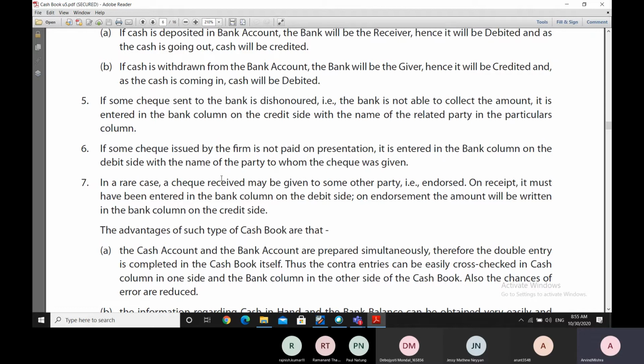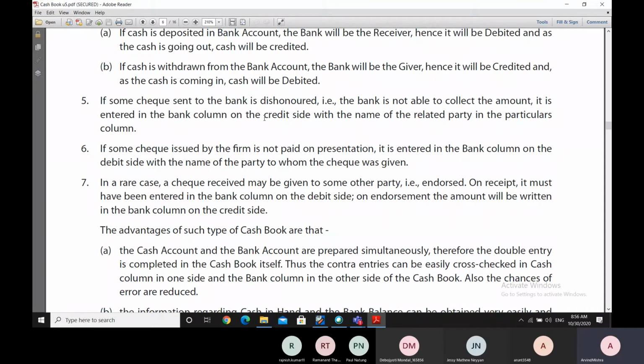Now, in a rare case, what happens is that, of course, sometimes it also happens that we receive a check from somebody. When we receive a check from somebody, it is being received in our office. So if a check is received in our office, what we will do? We will enter that check along with the particulars into the cash column.